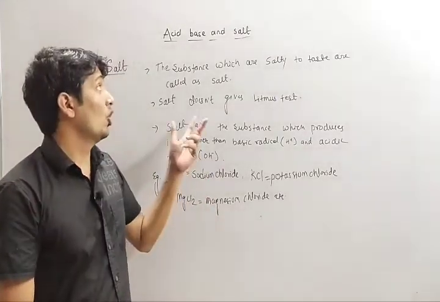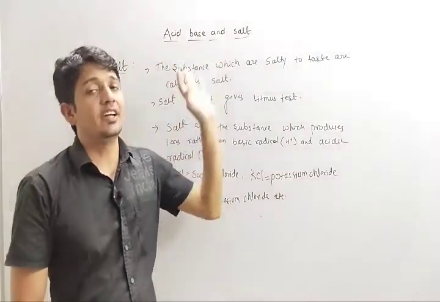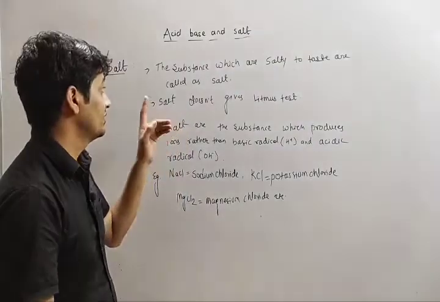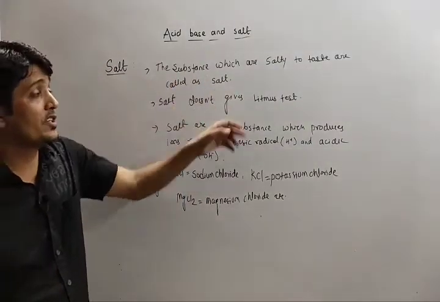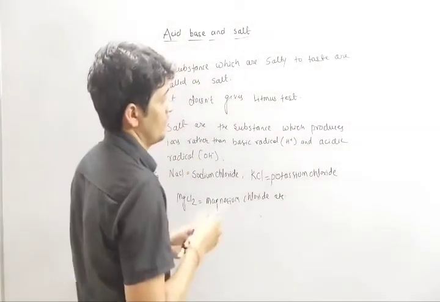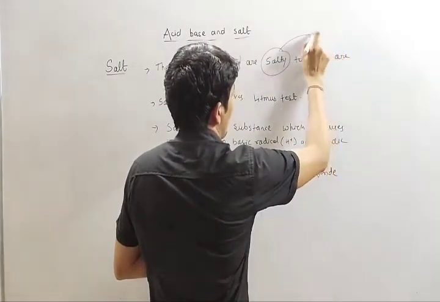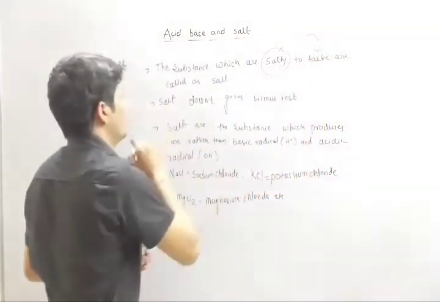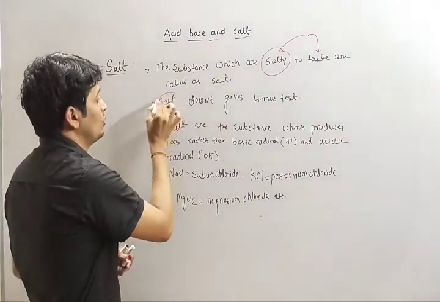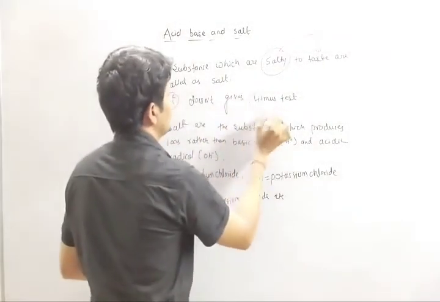So this is all about acid, base and salt. So what is salt now? The substances which are salty to taste are called salt, or they do not give litmus test.